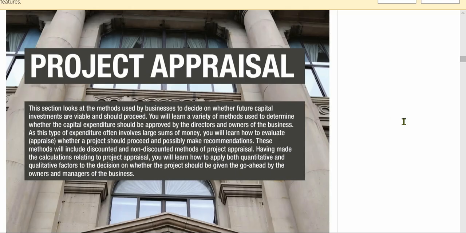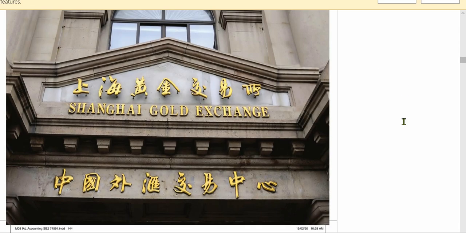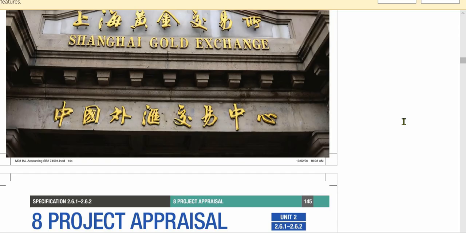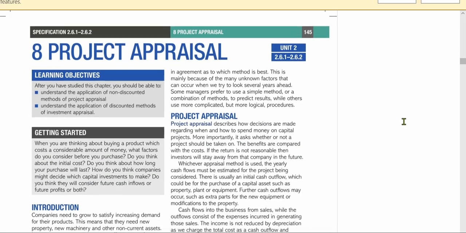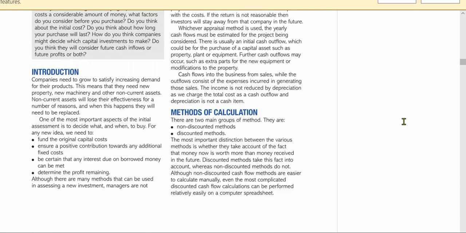So in project appraisal we will evaluate the investment, and we will learn in how many ways we can make decisions about investment in different businesses. Okay, so this is the introduction of the chapter.